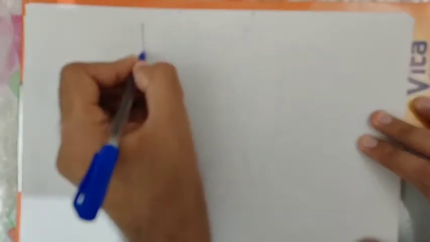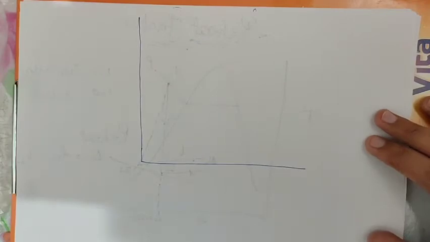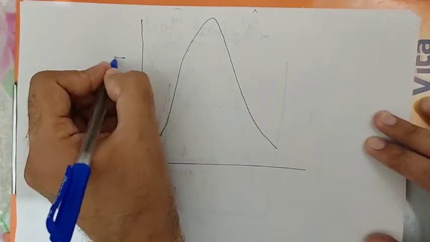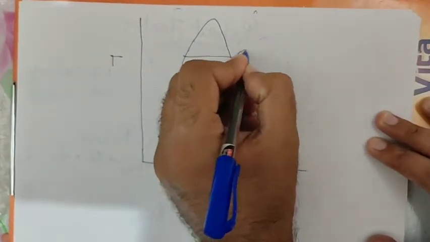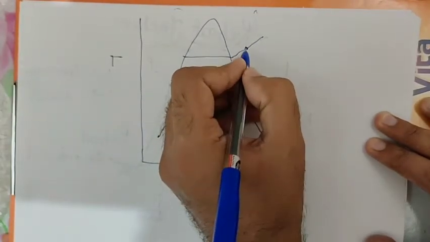Now this reheat concept is used to find some more expressions which are used to determine the performance of the turbine. So let us consider a TS diagram, and this is the saturation curve. This is the pressure of the boiler, and from this point the steam enters the turbine.